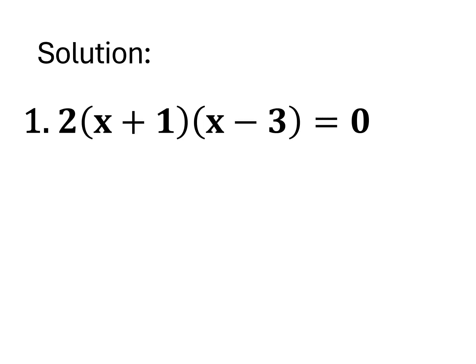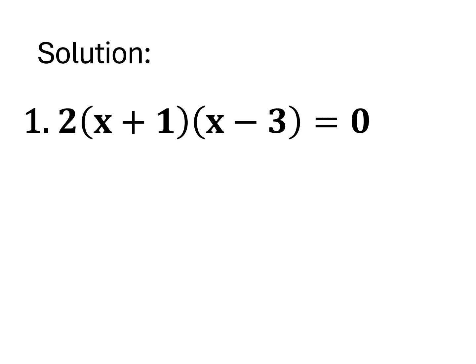To solve this first quadratic equation, 2 times the quantity of x plus 1 times the quantity of x minus 3 equals 0. This is already written in factored form. This polynomial on the left side of the equation is already written in factored form. So we will proceed to step number 3, which is applying the zero product property.